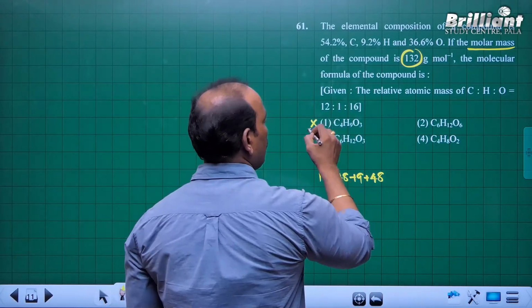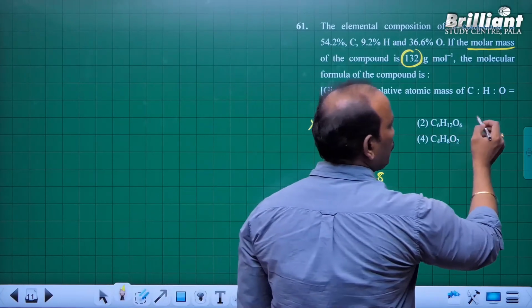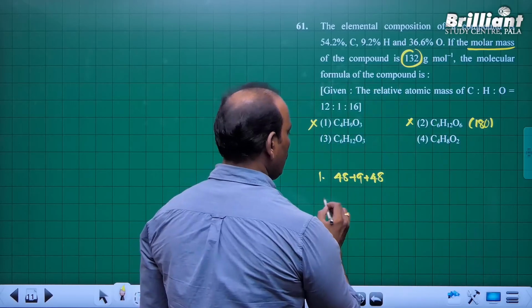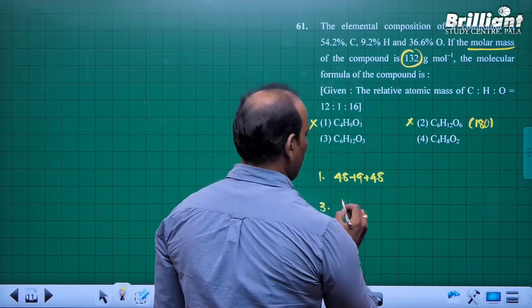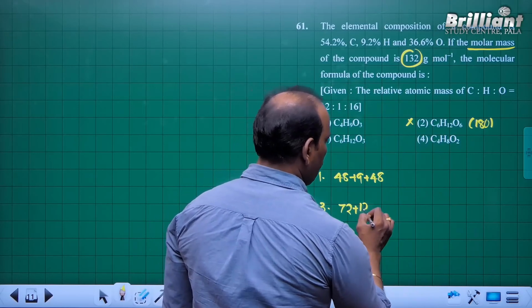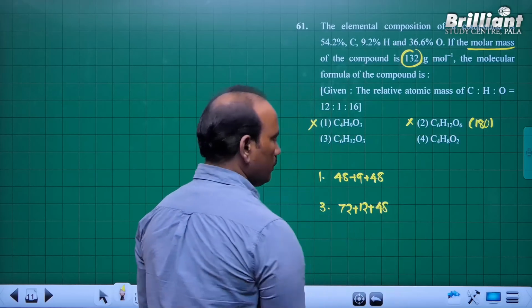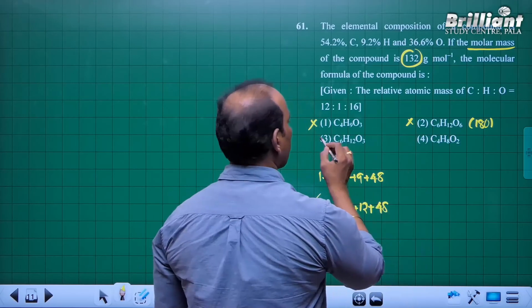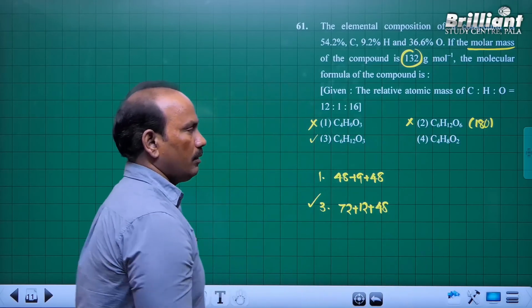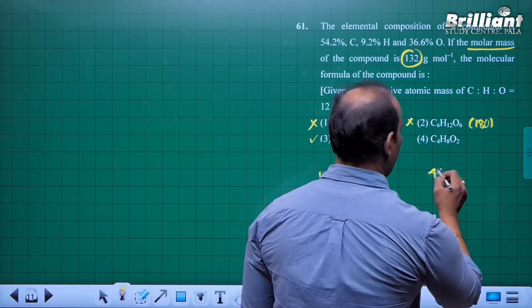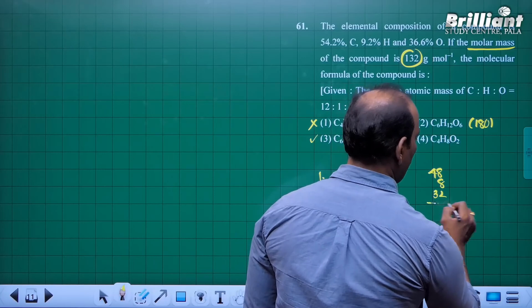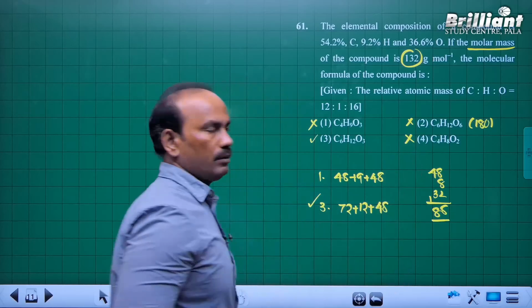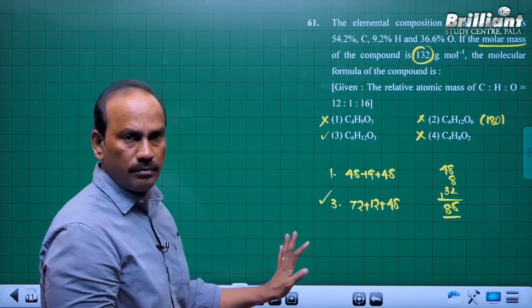This is wrong. Next one we already know, glucose, 180. This is wrong. Third one is 72 plus 12 plus 48, which is 132. This is correct. This is the option. And this one is 48 plus 8 plus 32, which is 88. This is also wrong. This is the easiest method.